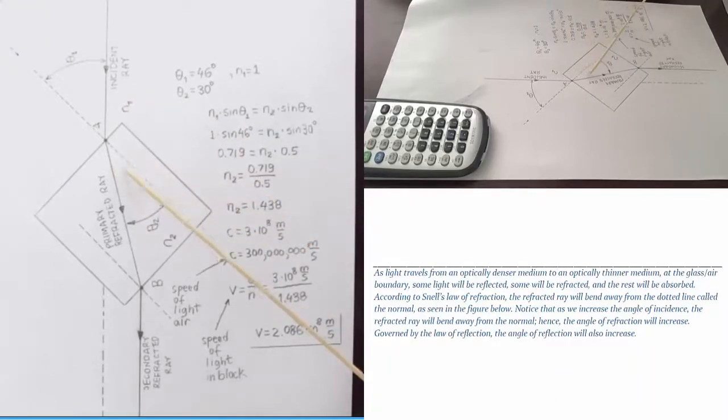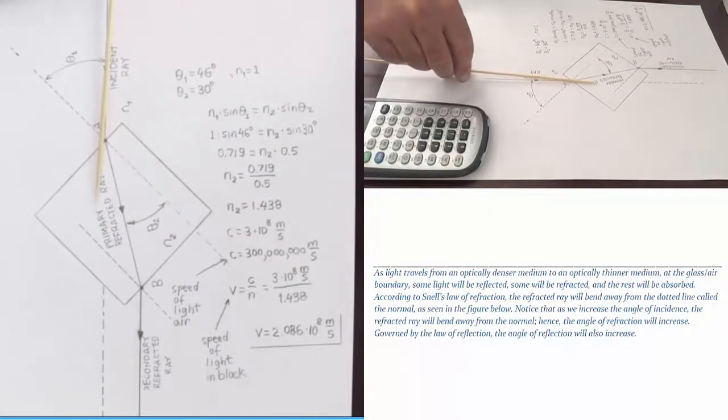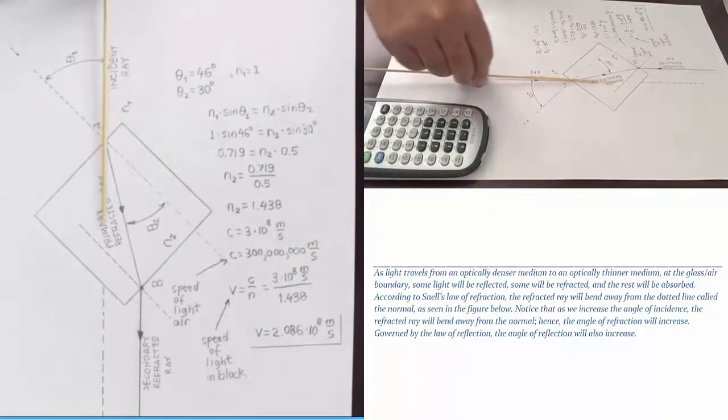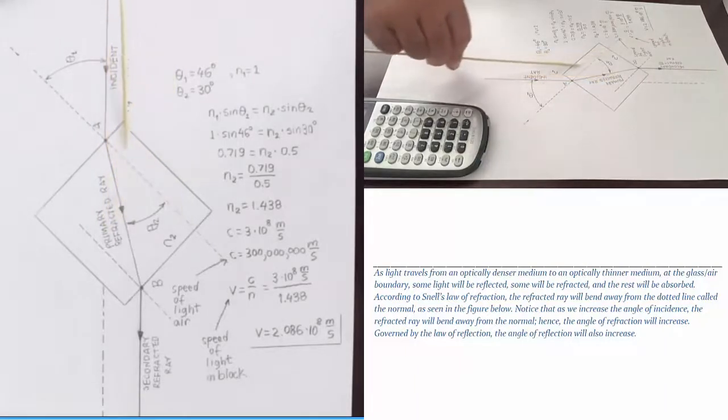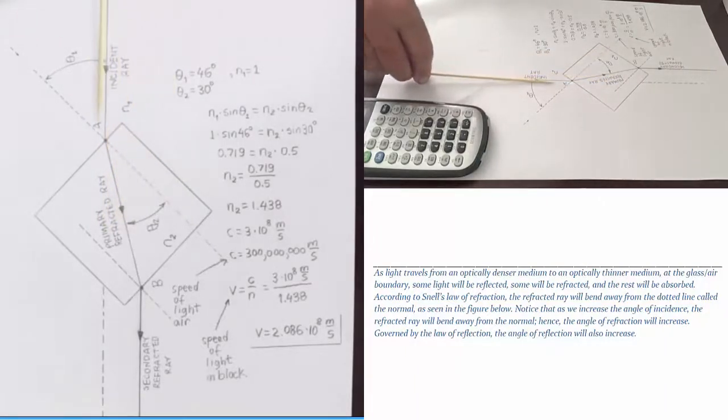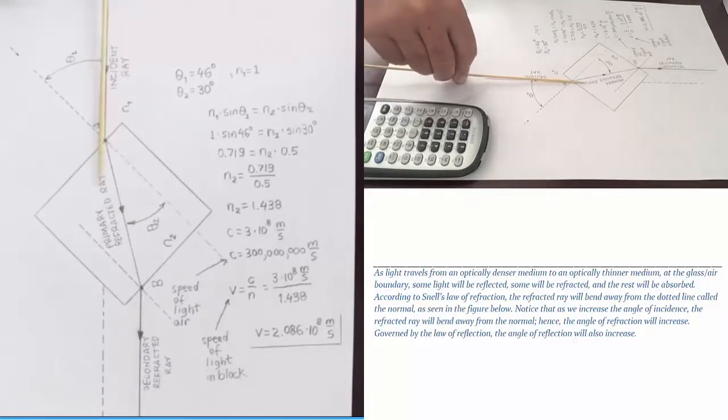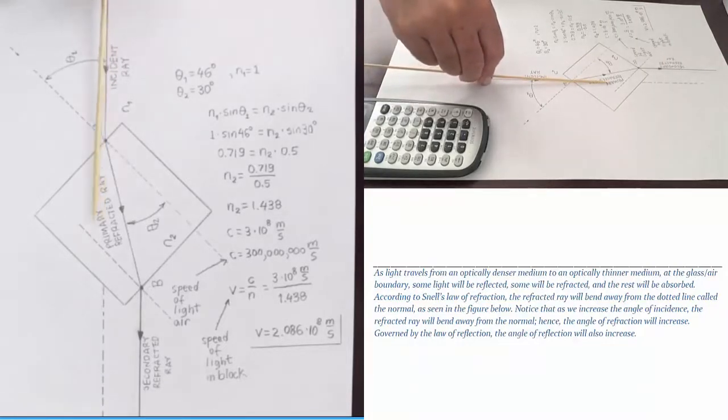So this is the direction of the incident light beam, and then the refracted beam is bending towards the axis, towards our dotted line. So once more, here's the incident light beam that would eventually have continued along the same path if we hadn't had the block.